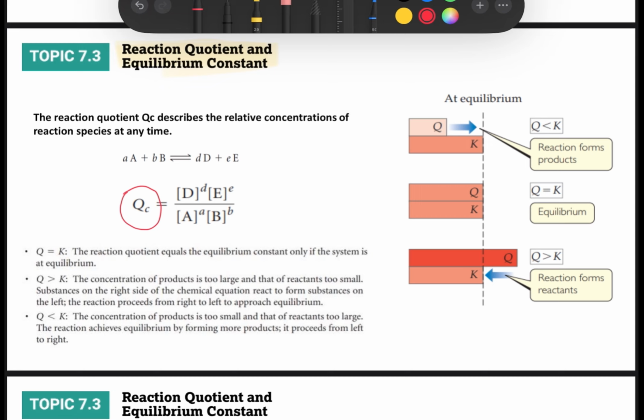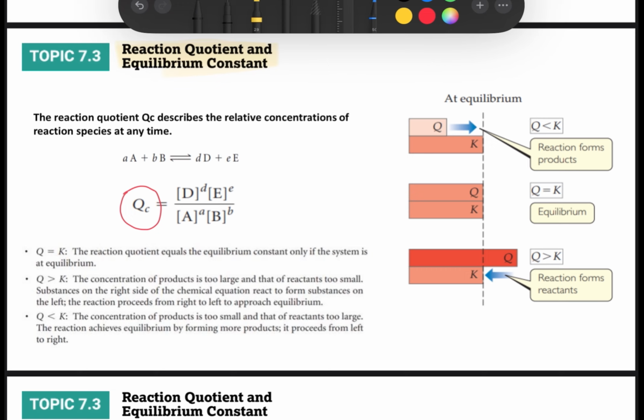In the previous video, we covered the concept of Kc, and we said that it represents the equilibrium constant, and it's used at equilibrium for sure. So the concentrations in Kc are the concentrations at equilibrium of the reaction.